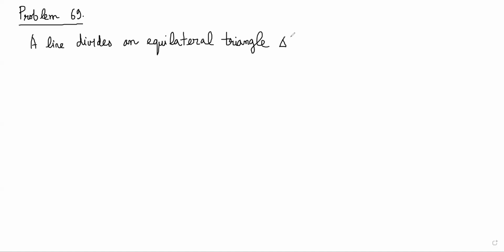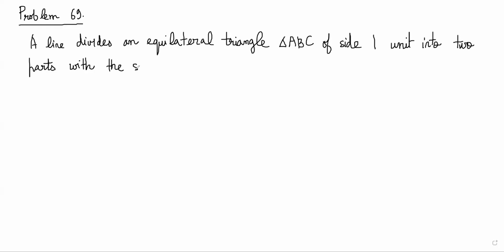And this question says, a line divides an equilateral triangle ABC of side 1 unit into two parts with the same perimeter and different areas S1 and S2.